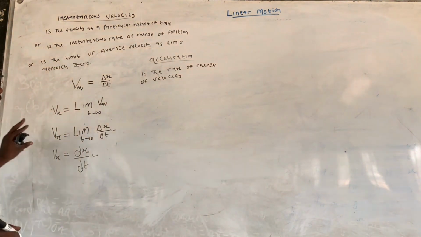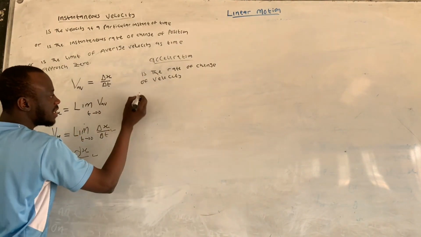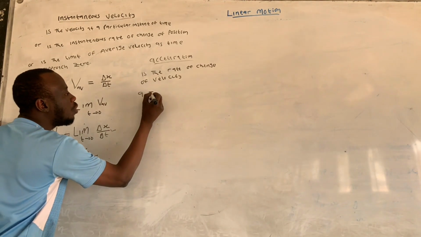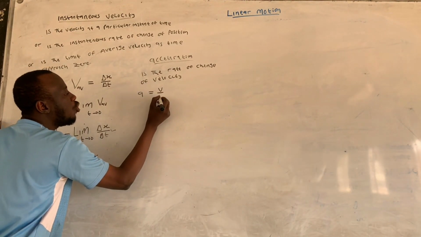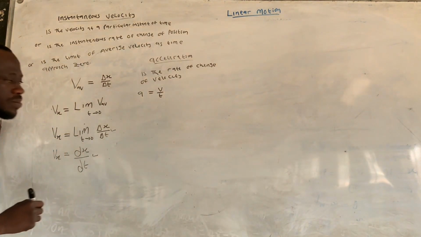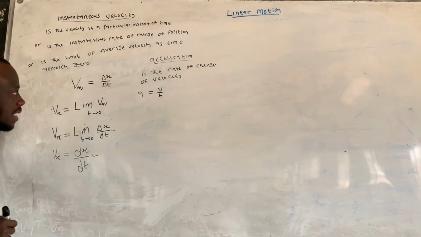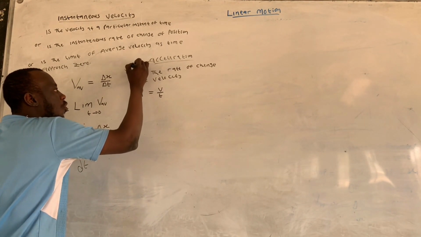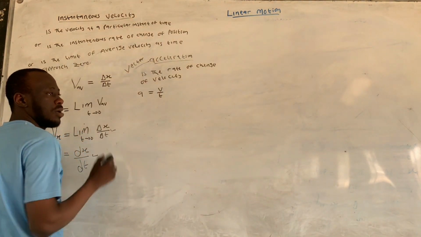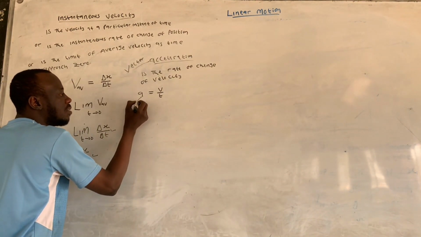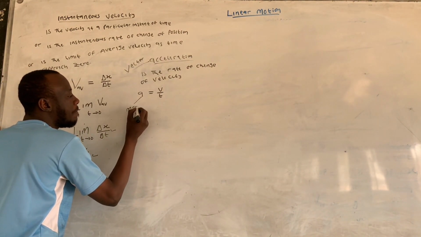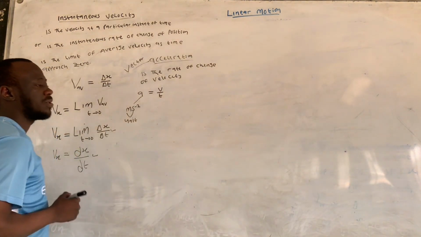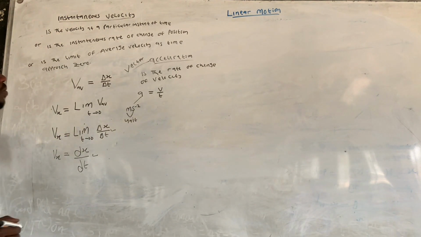Mathematically, acceleration a is equal to change in velocity over time. This means that acceleration is also a vector quantity and has a unit of meter per second squared.